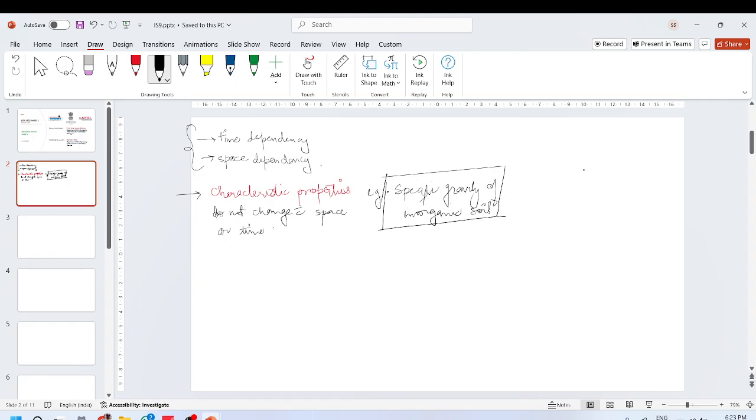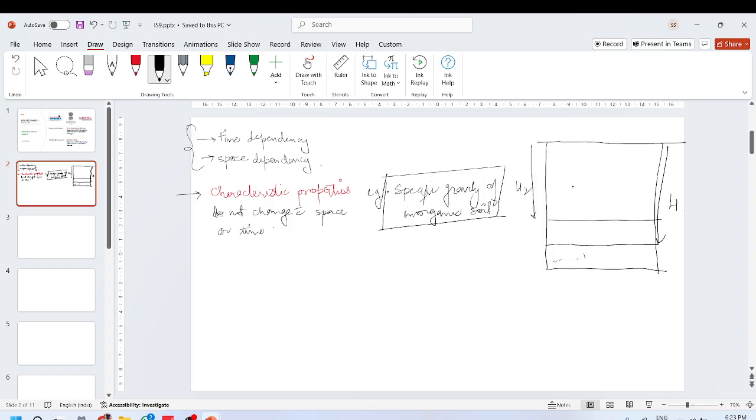But properties like, let me say, permeability. I have a soil here, and the soil that I have here has a self weight of H, then this will be H2. If I divide it in layers, imagine that I divided it in very small layers.